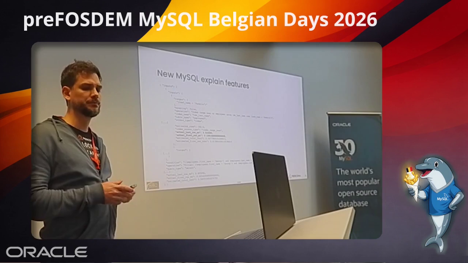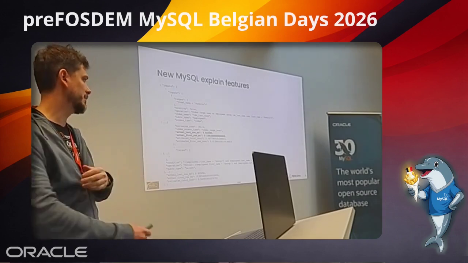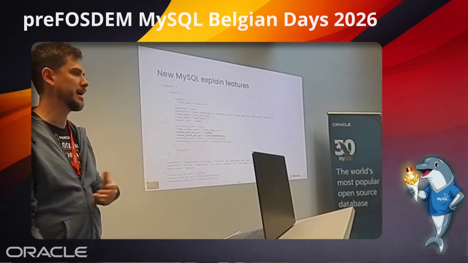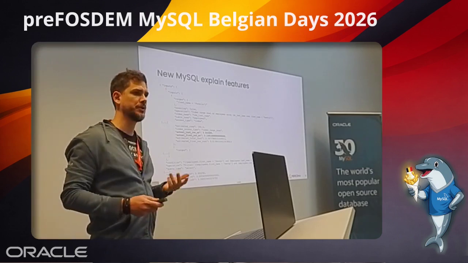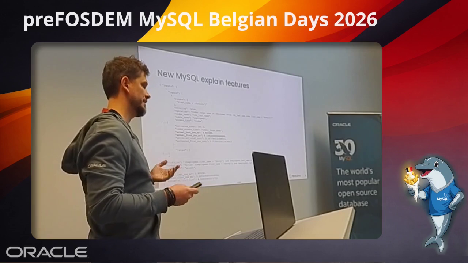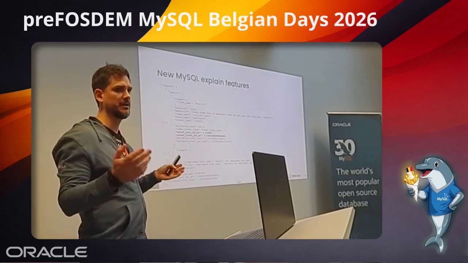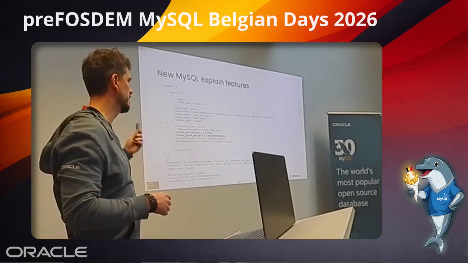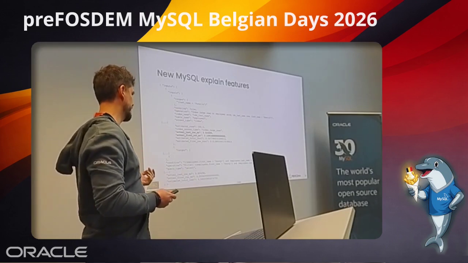And why JSON? Because we are in the AI era, whether we want it or not. Parsing JSON data is way easier for the machine than the unstructured data that the other explains provided to us.